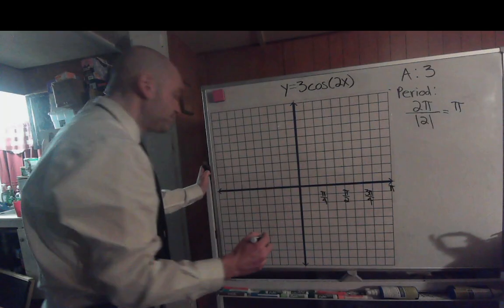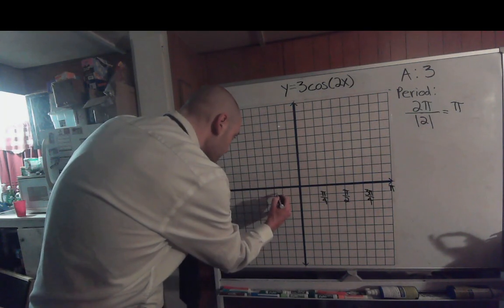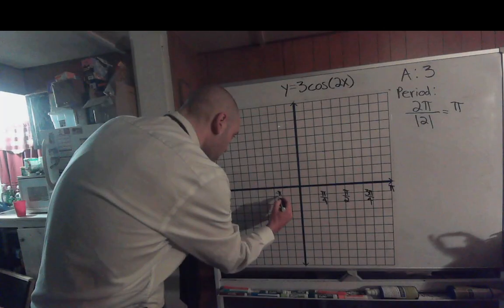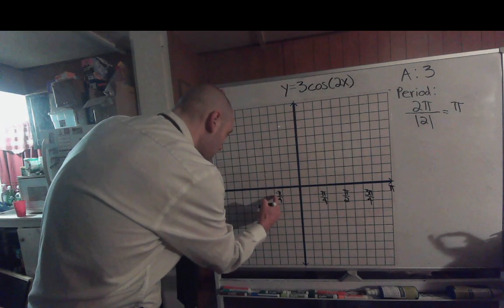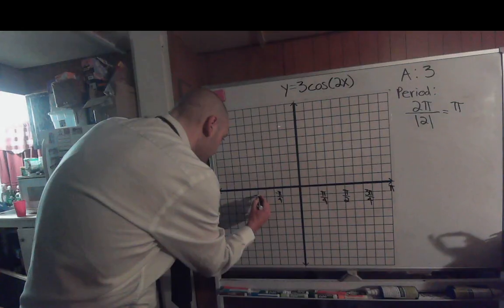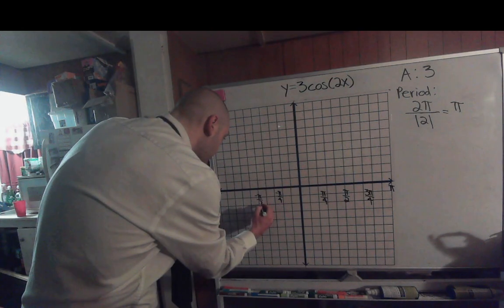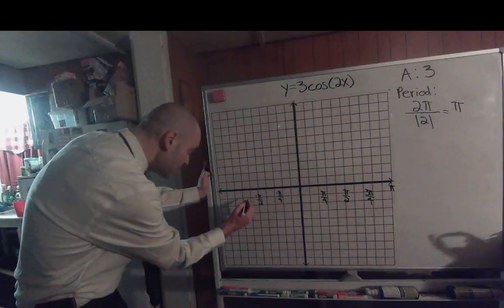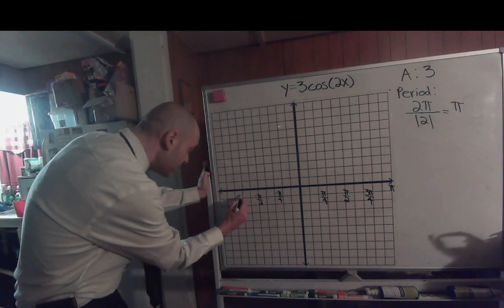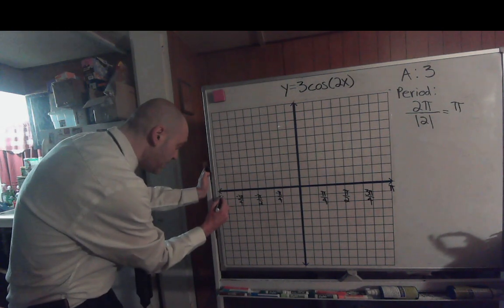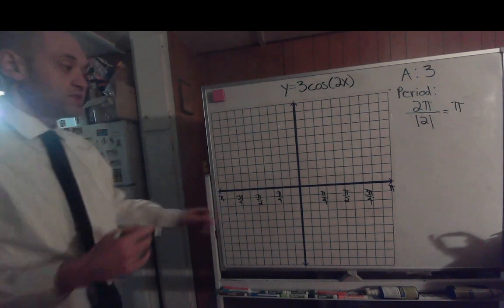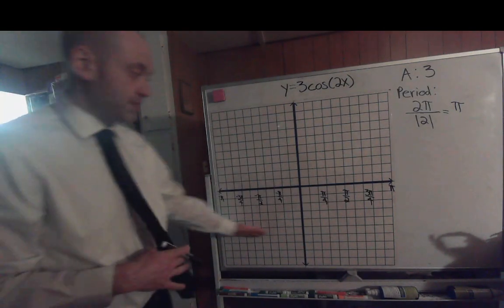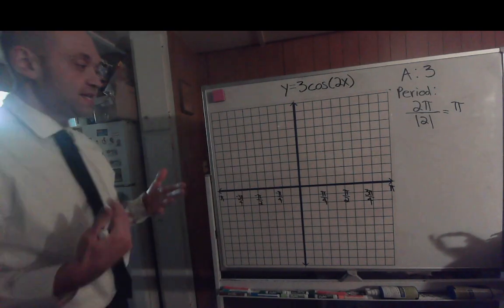Now here's negative pi over 4. Negative pi over 2. Negative 3 pi over 4, and then just plain old negative pi here at the far left. So it's important to label points for 2 periods along your x-axis.